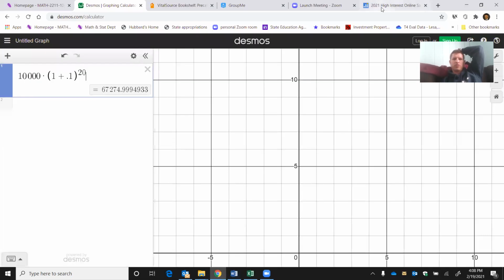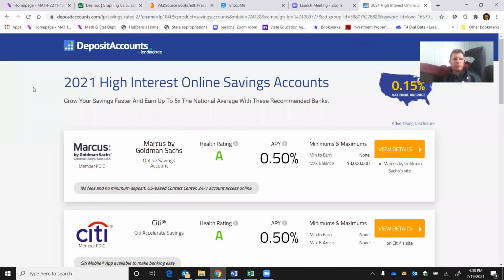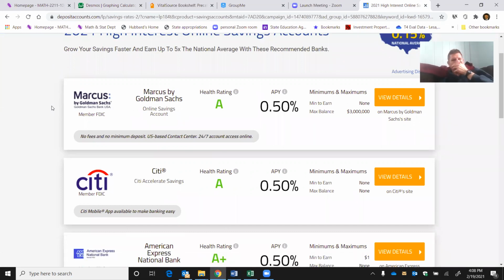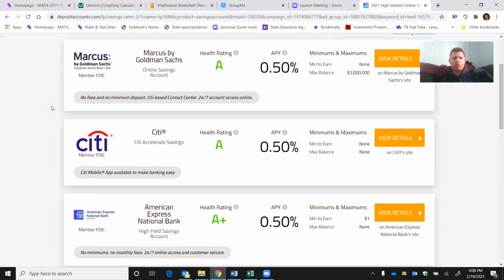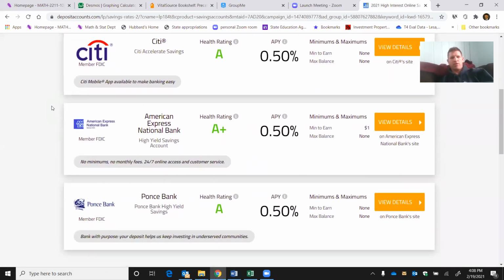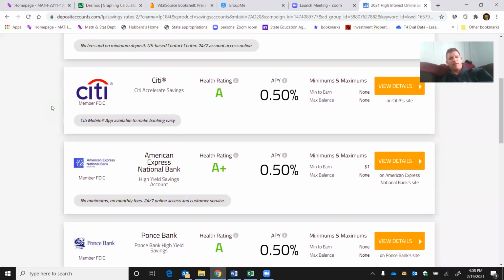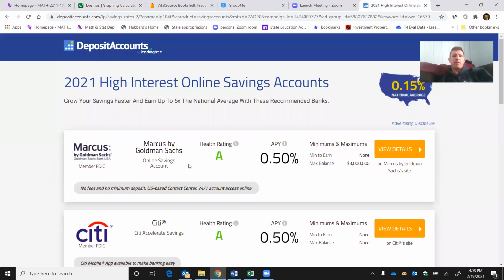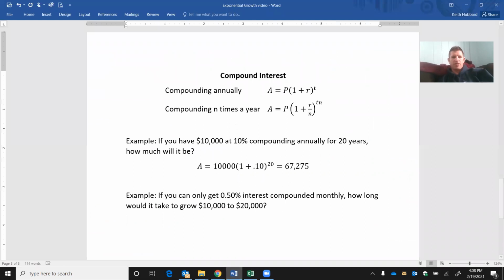I just looked up online what the best interest rates are. If you're opening a bank account today and just putting your money in, there's no risk here. The stock market or something like that would have risk, but you're going to get about 0.5% APY. That's annual percentage yield.